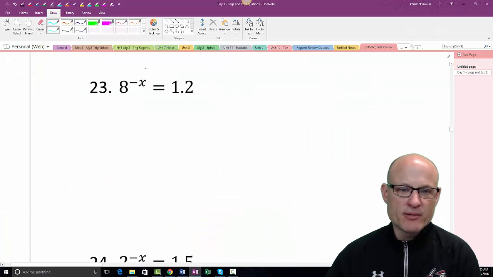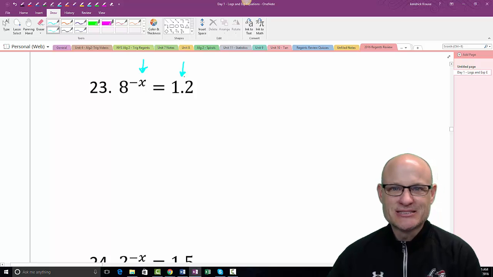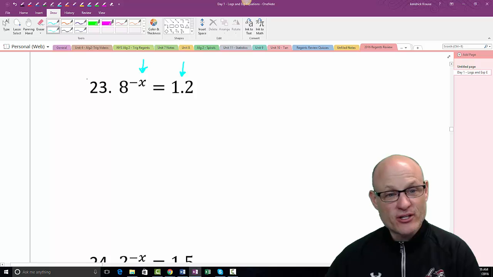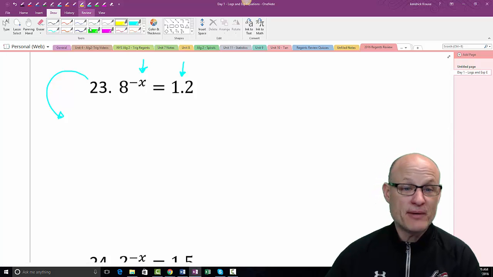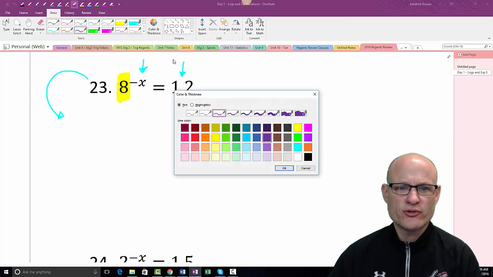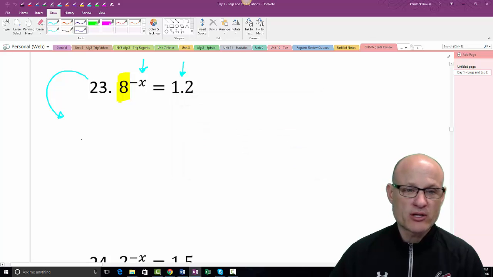So now I have a variable that's an exponent, and I don't have something that's nice over here. When my variable is an exponent, I have an exponential function, and the only way to solve an exponential function is to turn it into a log function. It's still all about that base. Here's the base. So what I'm going to do is turn this into a logarithmic equation.